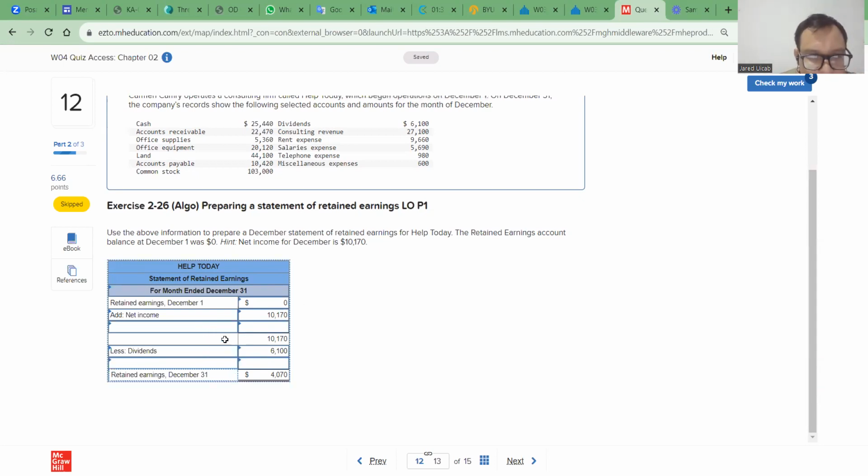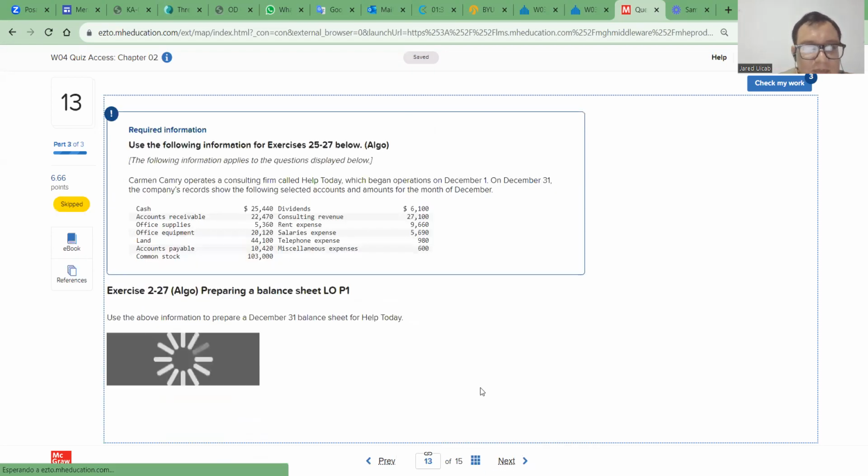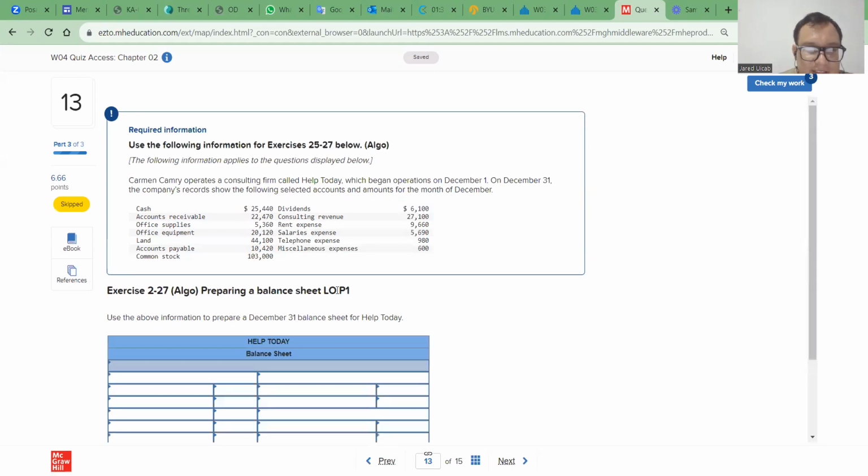I think that's all. We have the check my work button. We will use it at the end. And now that we have the retained earnings, this is a number that we're going to use for the next statement.